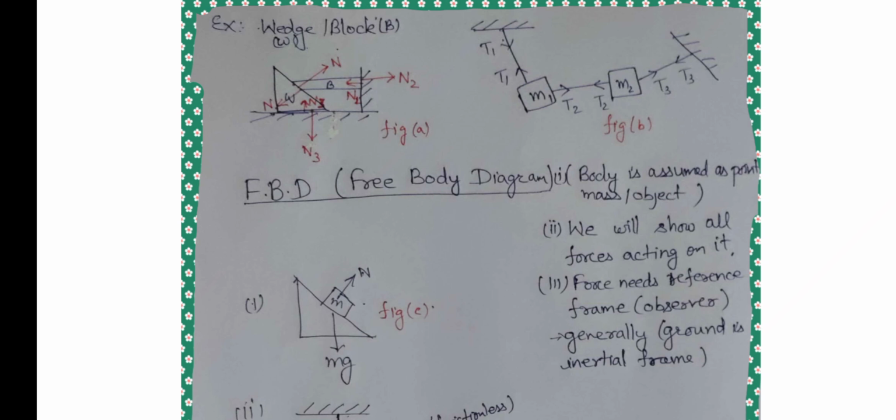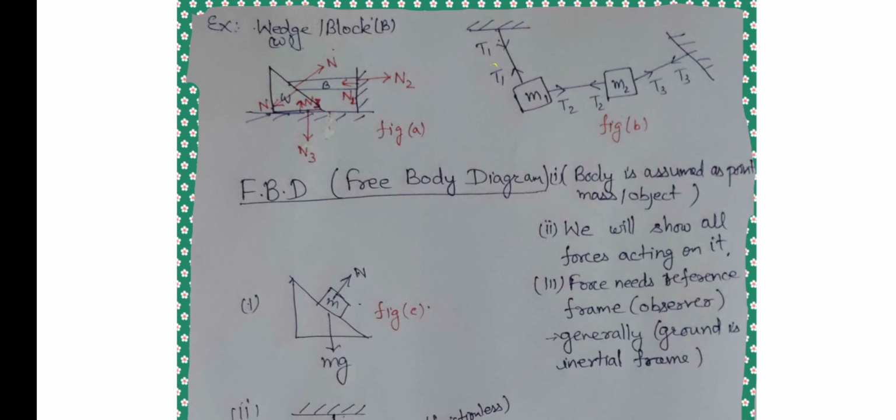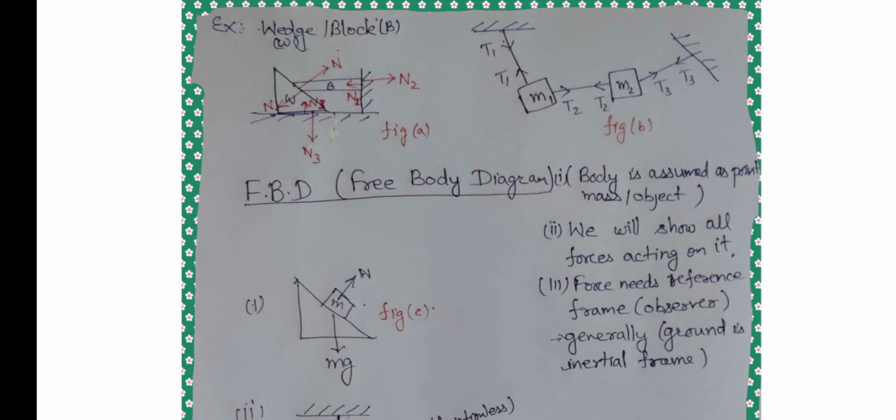We are taking object M1, so our tension will be away from M1. So there are two tensions, T1 and T2, for the body of mass M1. Now for the string at the left side, there will be tension T1, and it is away from the point, so T1 has direction at the right side.